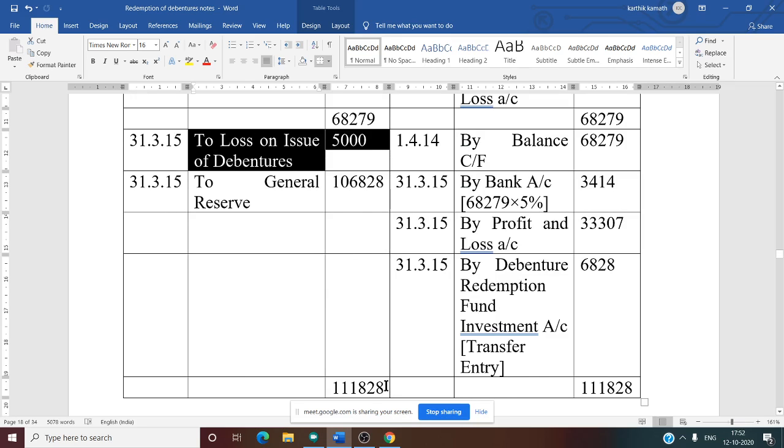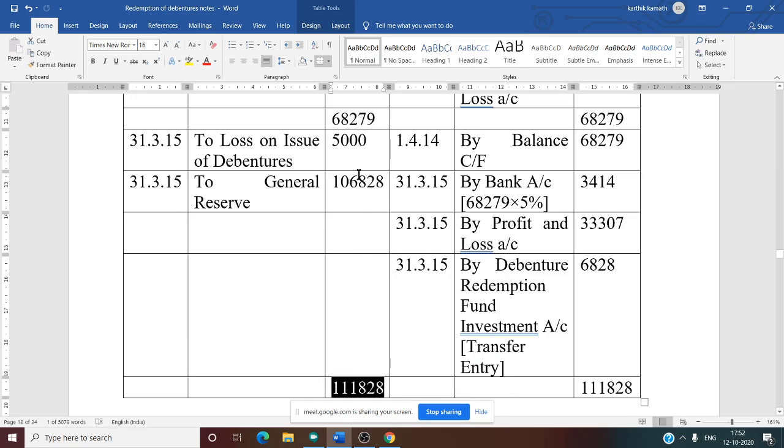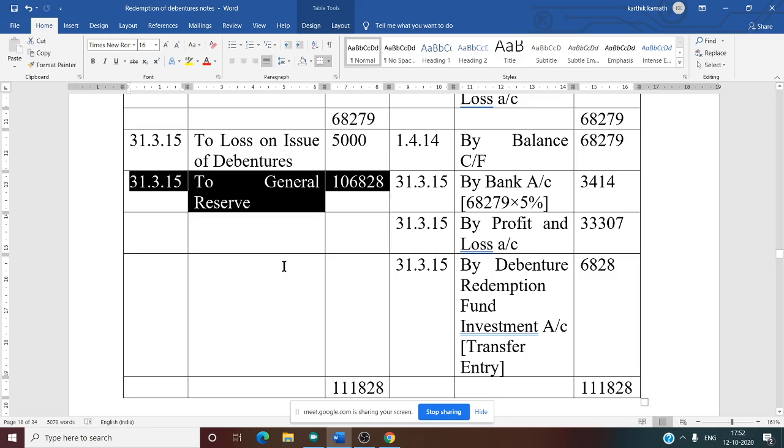We know the total balance 1,11,828 minus 5,000. So the remaining balance in the DRF account is transferred to general reserve account. Anything remaining is transferred to general reserve account. So this amount is a balancing figure. Now we have closed the debenture redemption fund account. The debenture redemption fund investment account we have already closed, and the fund account also we are now closing.